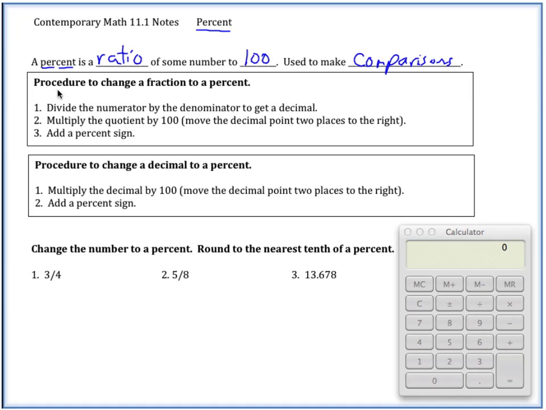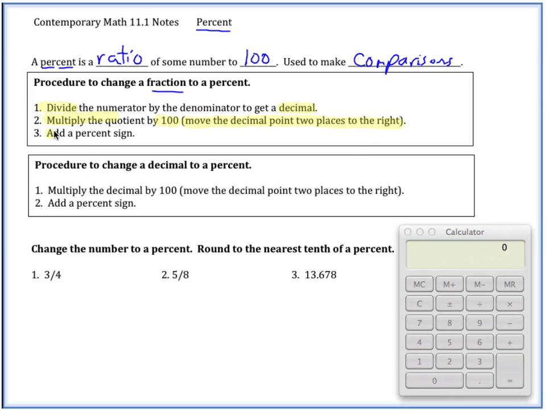So if we want to change a fraction to a percent, what you want to do is divide the numerator by the denominator, and we want to get a decimal. Once you have a decimal, you multiply by 100. Now this has the same effect as moving the decimal point 2 places to the right.